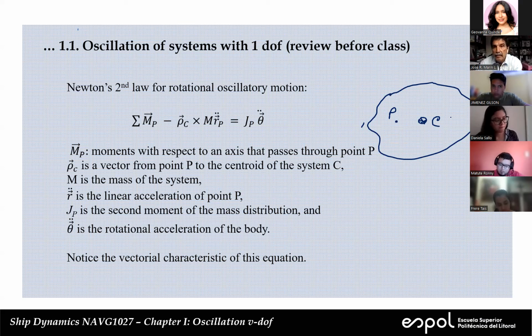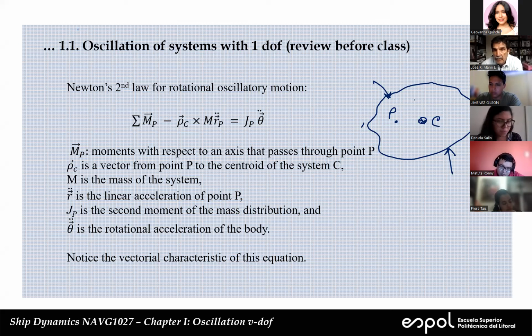Now here, we could have several forces in any way. And here we can apply this expression in order to calculate the response of the system. Okay, so this summation means that you calculate the moment of each one of these forces considering an axis which passes through this point.